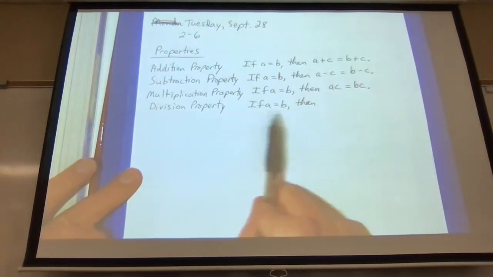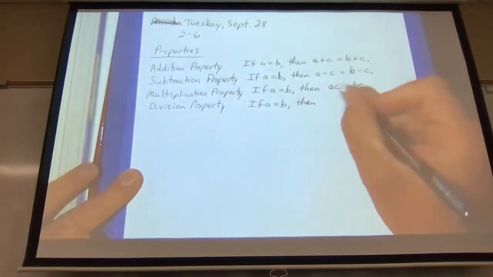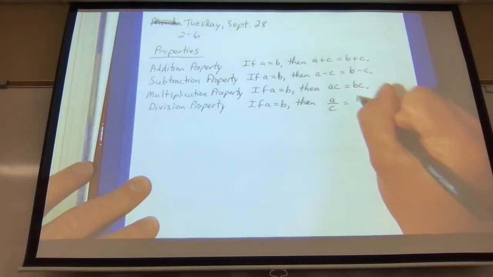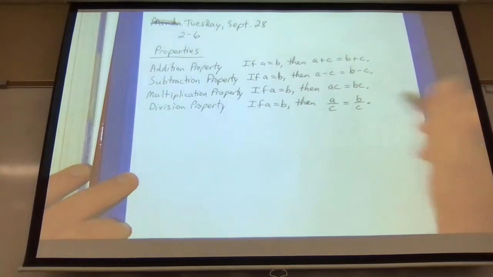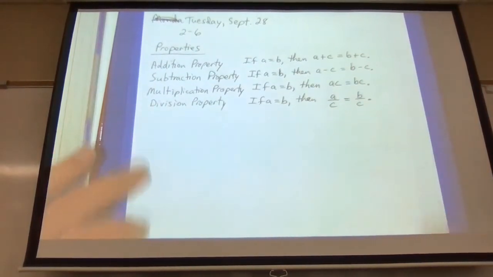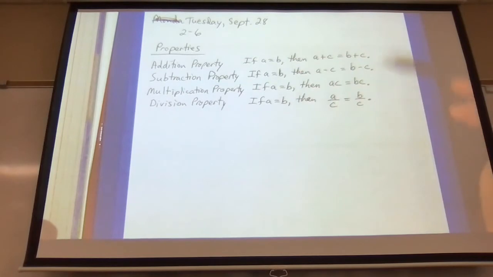So this time around, we're going to take the A equals B, we're going to divide both sides by the same number, in this case, C. A over C equals B over C. Those four are probably going to be the most common ones you use here in this first section when you're doing the algebra proofs. So before we move on from there, any questions with the first four? How many people remember seeing this last year in algebra? Some of you do, okay.